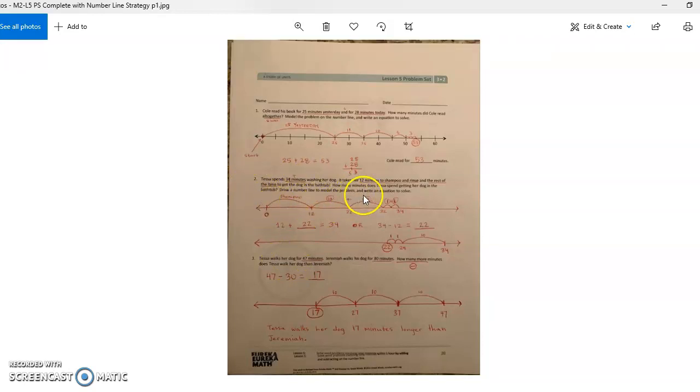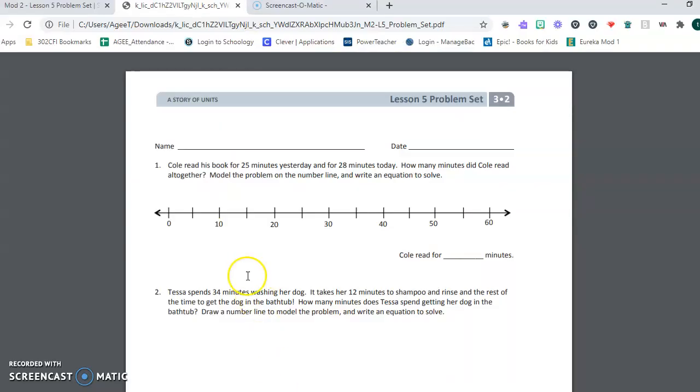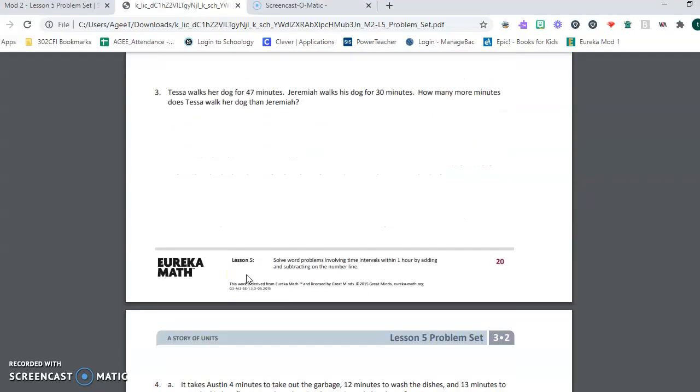You could count up to 34, or you can start at 34 and count back by 12 based on the problem. But because I put a lot of things in the space here, I'm going to go ahead and skip over that one. Because you'll get an example of what this problem solving strategy looks like in number 3. So I'm going to toggle back over to number 3 here.